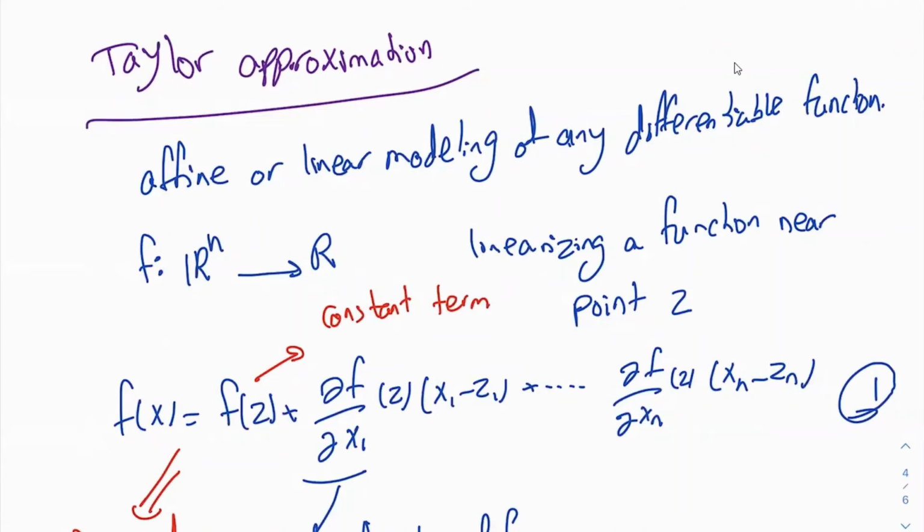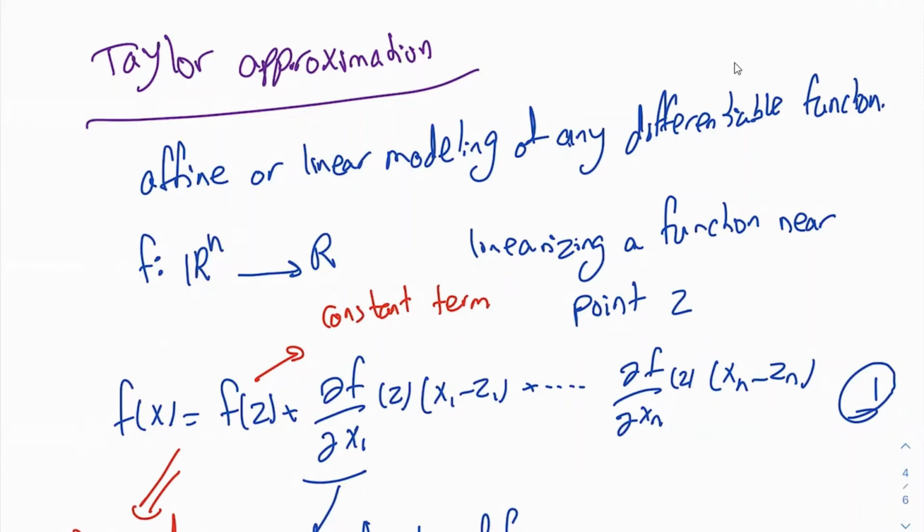In a sense, sometimes it's known as linearizing a function near a point z. So linearization is used a lot in the literature, but yes, we are actually forming an affine function. It's just that in this video series, we're going to use the correct term.